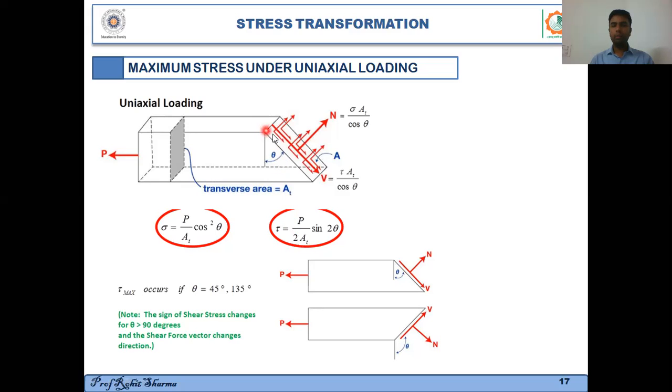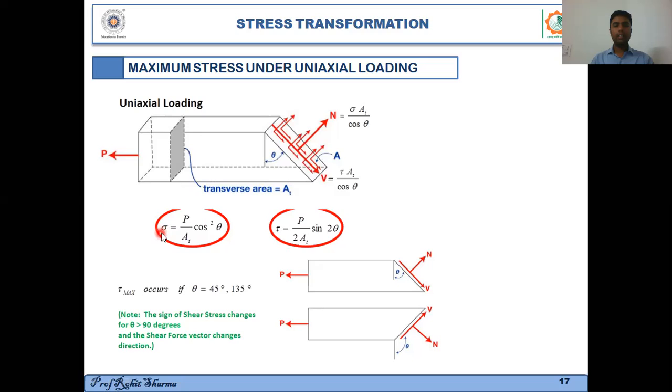It means that if you cut this rod at an angle of 45 degrees from the vertical, then the shear stress on this plane will be maximum. But you can note one more thing: if you put θ equal to 45 degrees, which makes the shear stress maximum, into this expression, then cos 45 is 1 by root 2, and cos squared is 1 by 2.